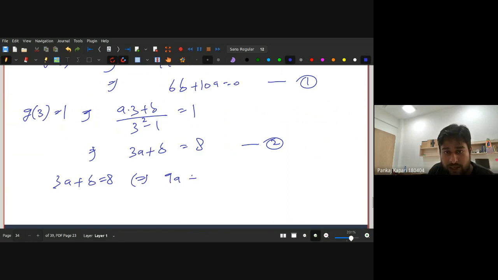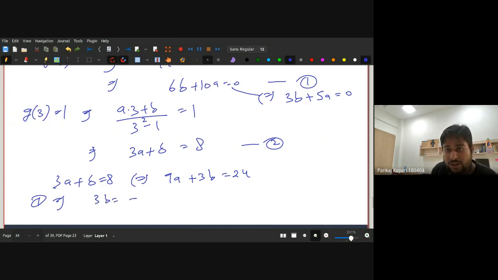So this will become 9a plus 3b equal to 24, and then the first equation is just equivalent to 3b plus 5a becomes 0. Okay, so now this first equation gives me that 3b is equal to minus 5a. And this we also write as 2 because they are equivalent equations, so it doesn't matter.